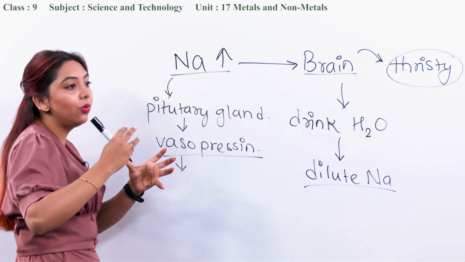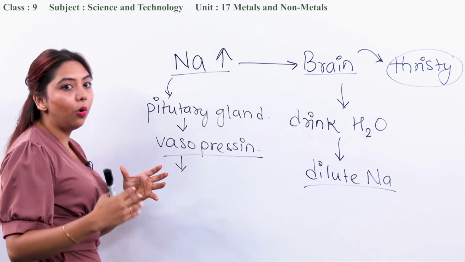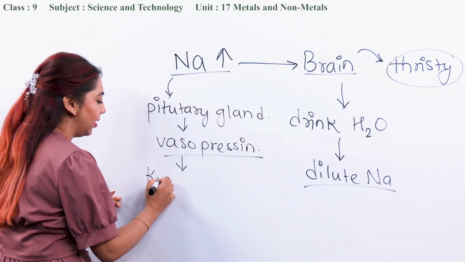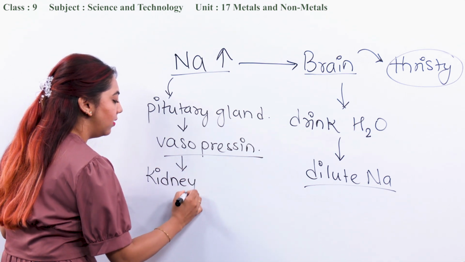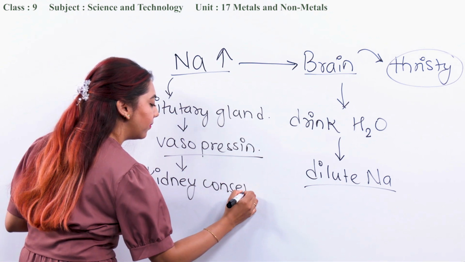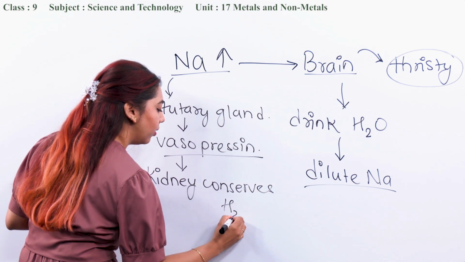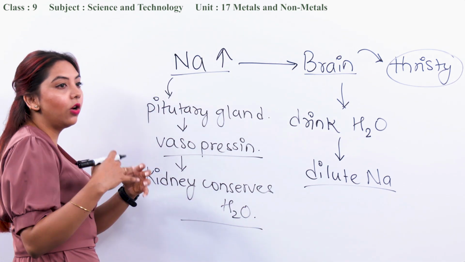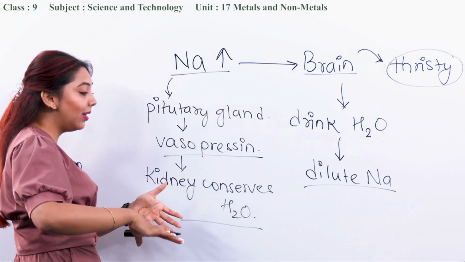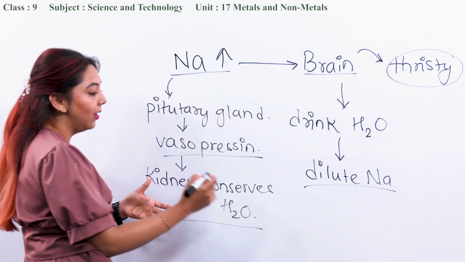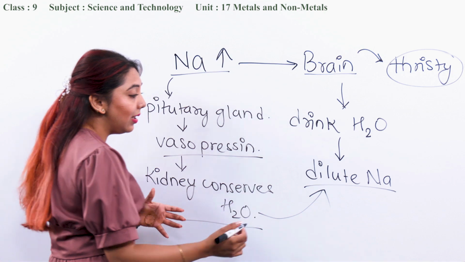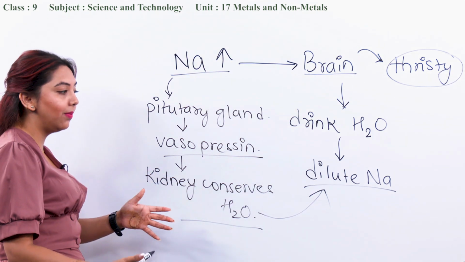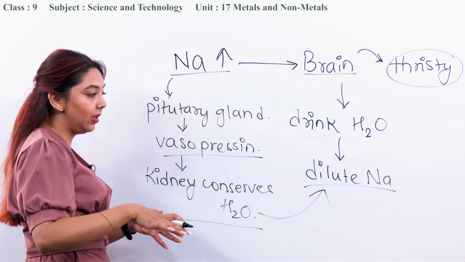It tells the kidneys not to secrete more water in the urine. So the kidney conserves water. Now, if the kidney conserves water, the loss of water from our body is decreased. So the level of water increases and it dilutes the sodium, and the level of sodium decreases.